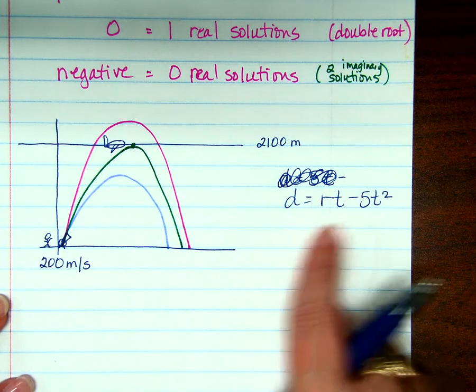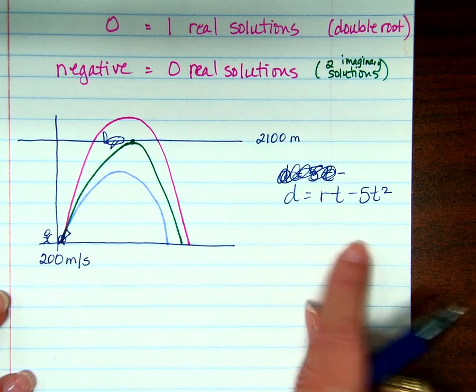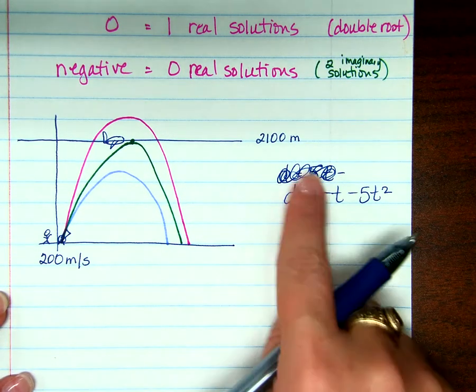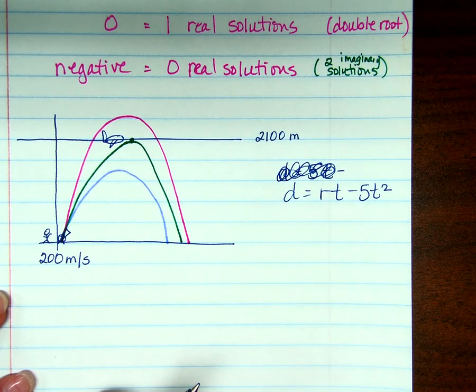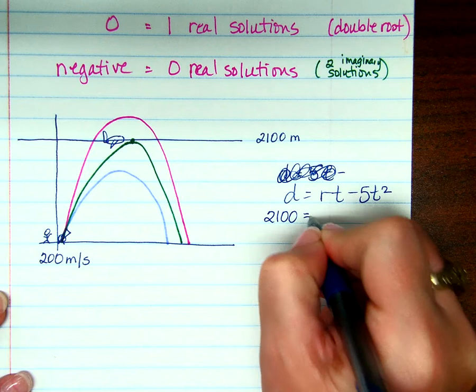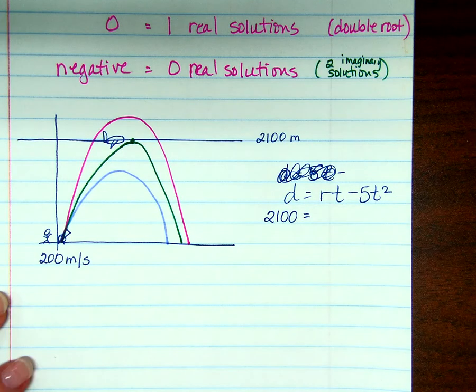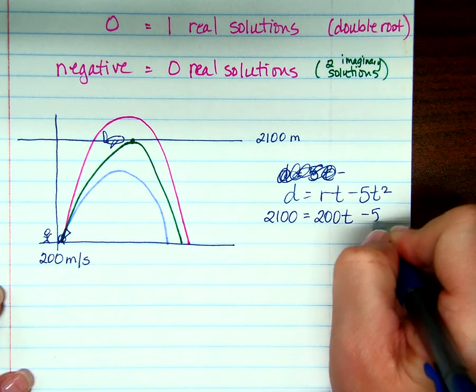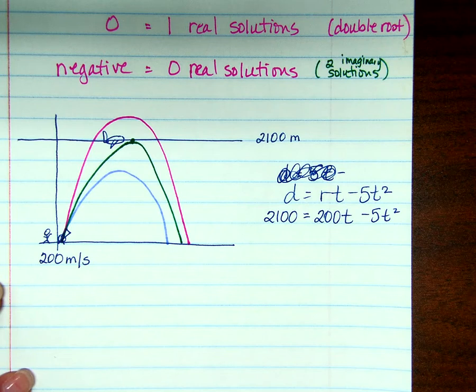Okay? Do we have enough information to fill out this quadratic? What's the height of the plane? 2,100. What's the initial upward velocity? 200t minus 5t squared. Hey, we can solve that. We could, but we don't want to.